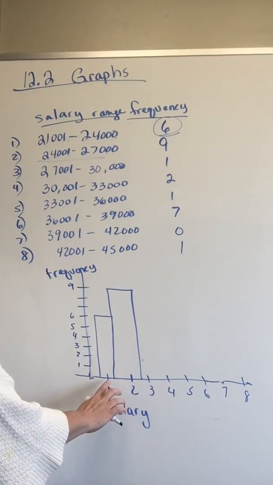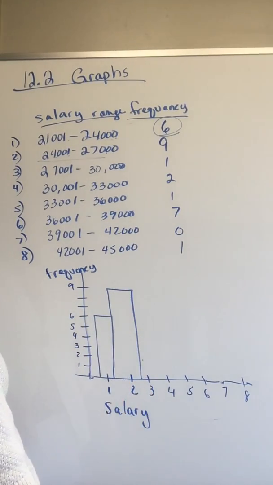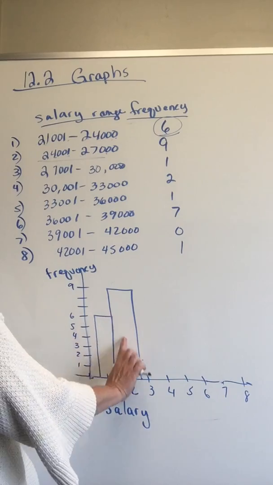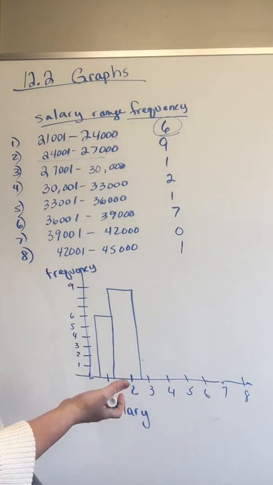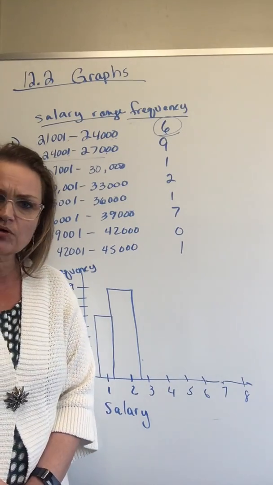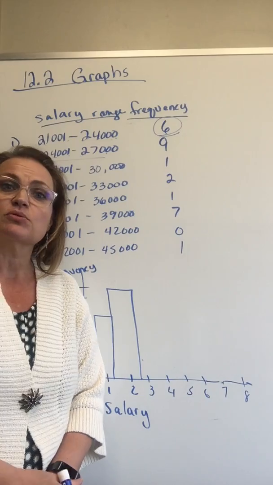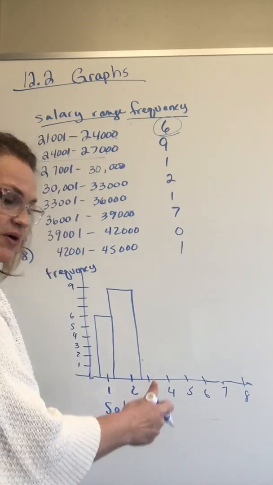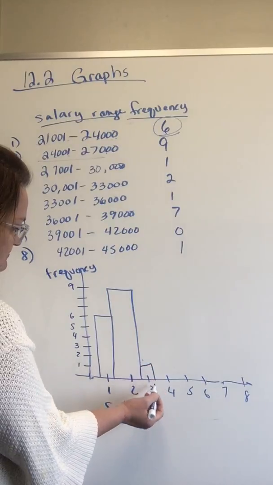I said it earlier, it's per design whether you want to make the bar around the middle point, or start it at the beginning and make it over to the 2. Either way is okay. It should say in the directions if you really had to do that. Most of your homework questions, though, will be multiple choice to help you look and determine which matches up. All right, number 3 should be 1, just up to 1.